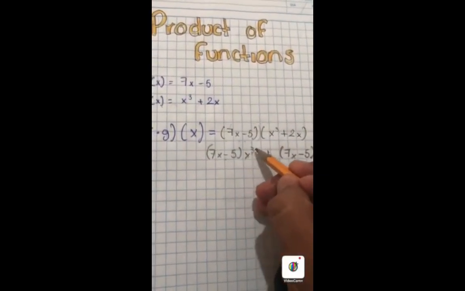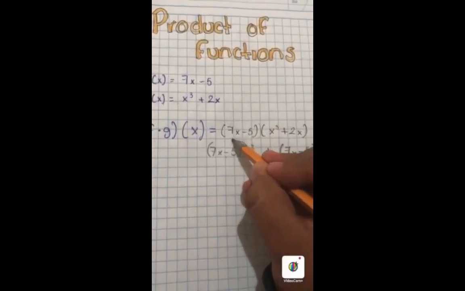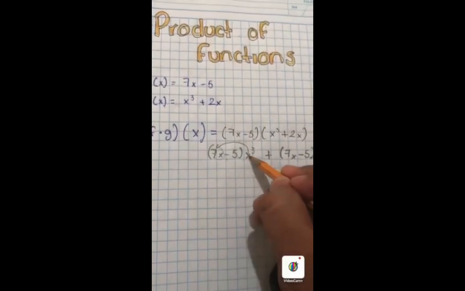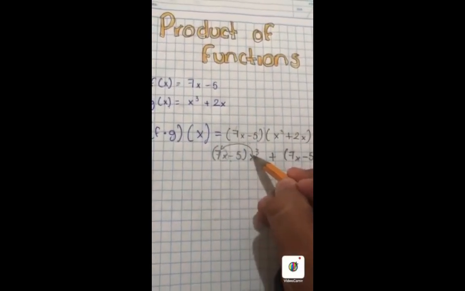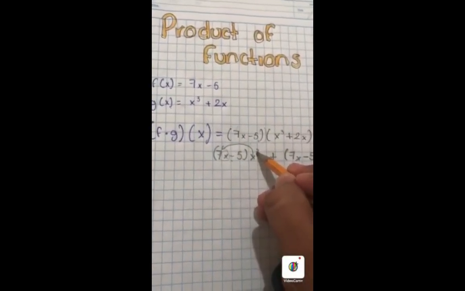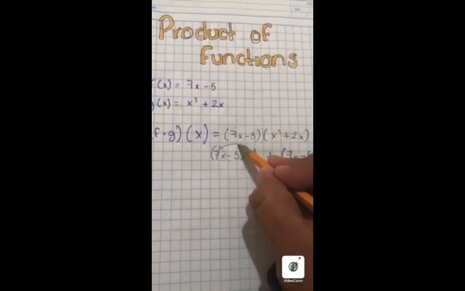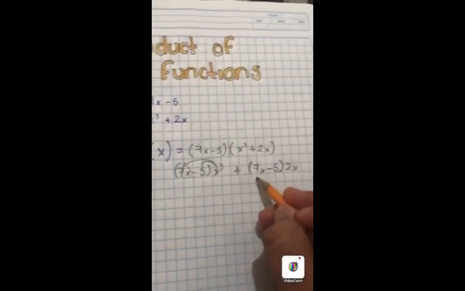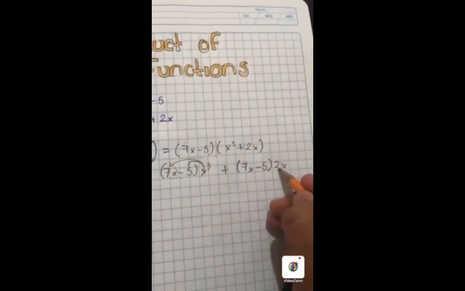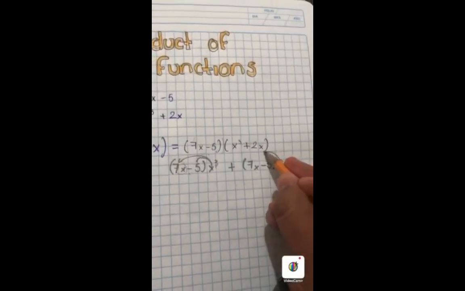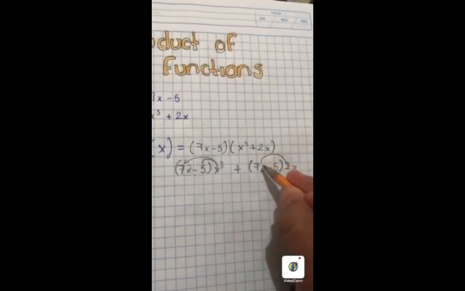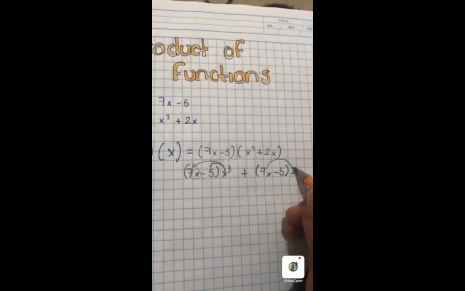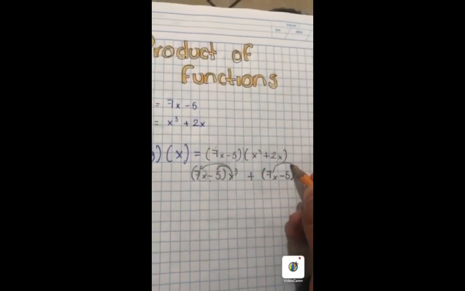x cubed multiplied by 7x and x cubed multiplied by minus 5, 2x multiplied by 7x and 2x multiplied by minus 5.